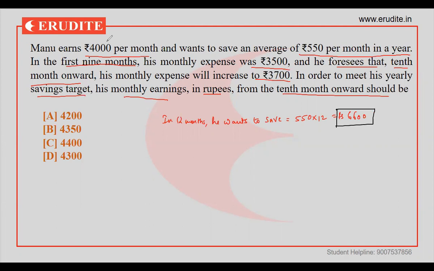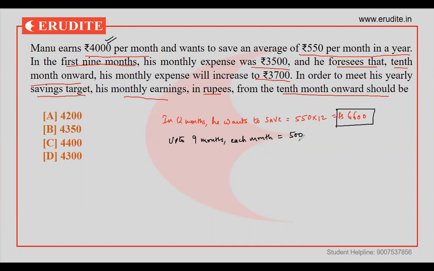Okay. His monthly income is 4,000, guys, up to 9 months. And up to 9 months, his expenses was 3,500 monthly. So in each month, up to 9 months, each month he is saving 500 rupees because 4,000 was his monthly income and 3,500 was his expenses, right?